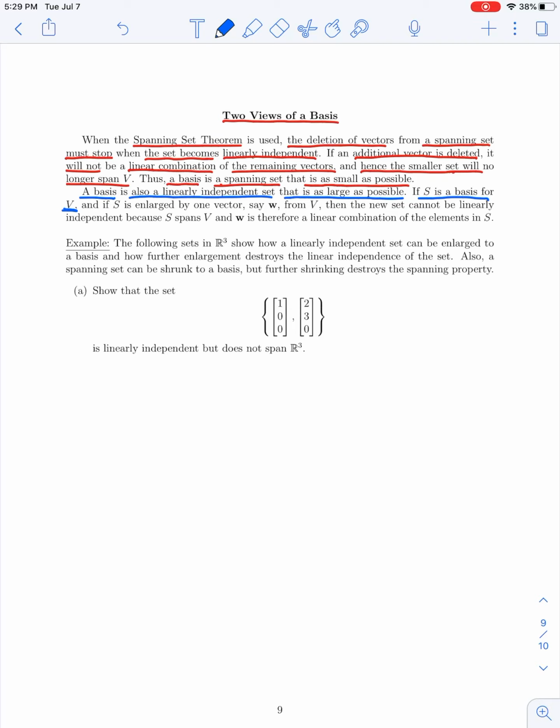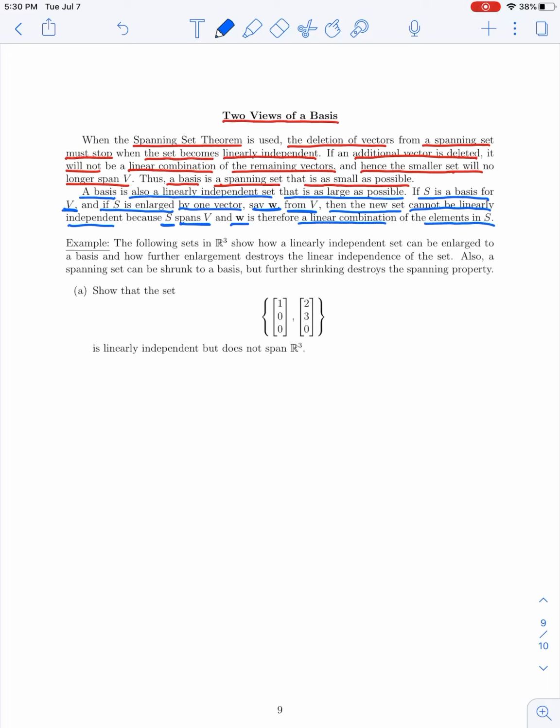So if S is a basis for a vector space, and if S is enlarged by a single vector, let's say W, from our vector space, then the new set cannot be linearly independent because the set S already spans V, and W, which is an element of V, is therefore within the span of S and a linear combination of the elements of S.